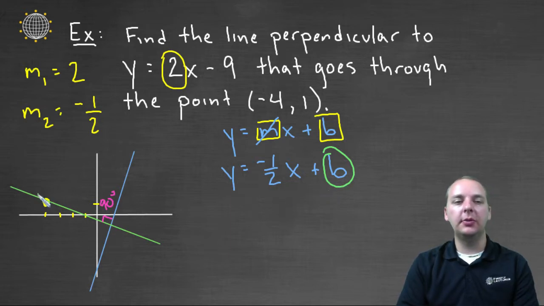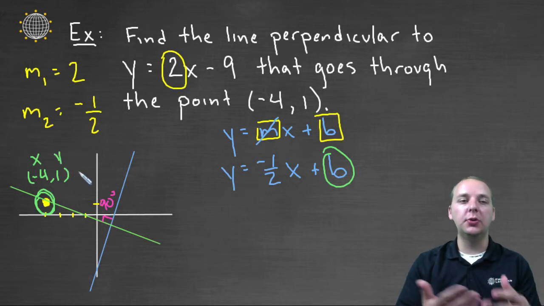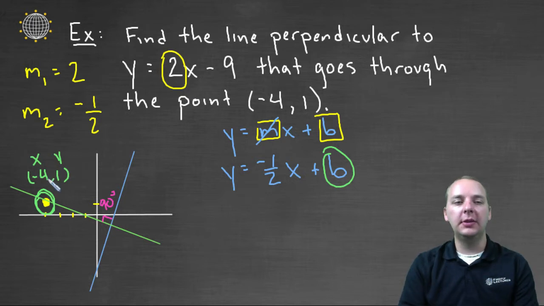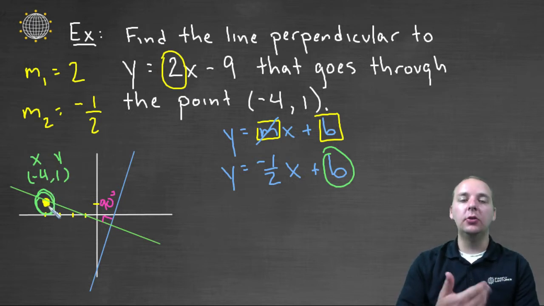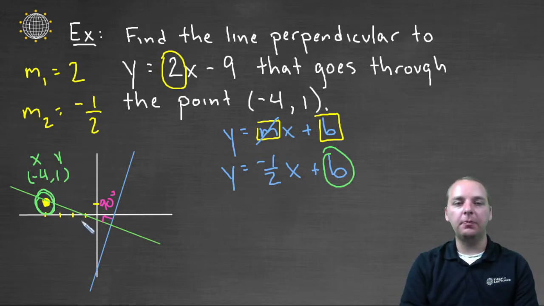Well, yes, absolutely. They tell us that our green line has to go through the point negative 4, 1, which means we should be able to plug in negative 4 for x and 1 for y, and that would make the equation true. It's on the graph, which means this ordered pair is a solution to our equation.